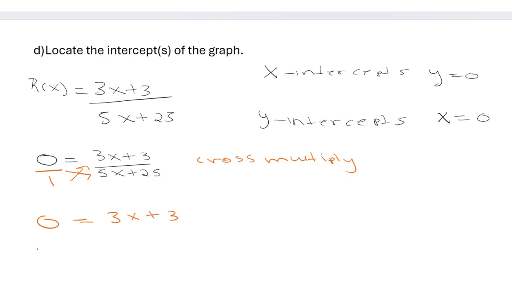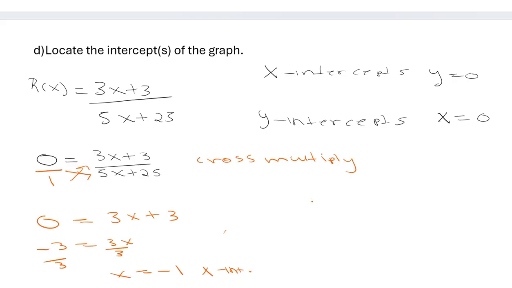I'm going to subtract the 3, so I have negative 3 equals 3x. Then divide by 3. So x equals negative 1. That is my x-intercept.